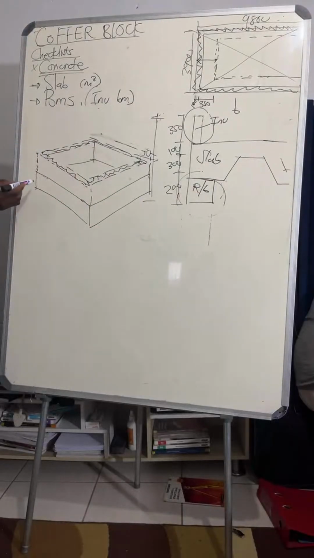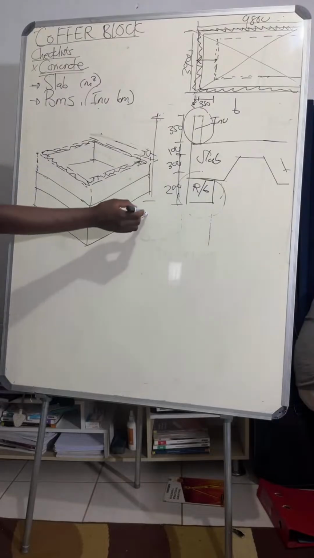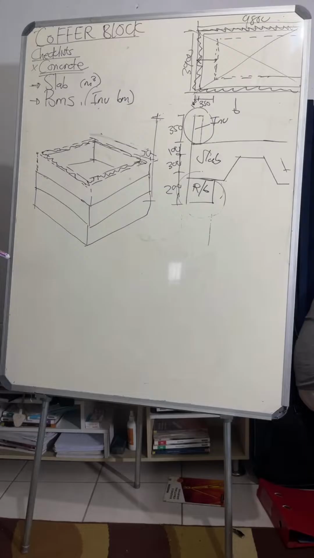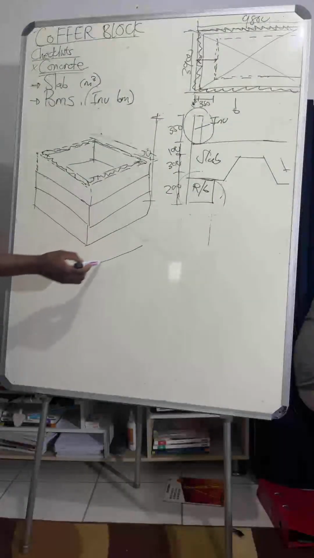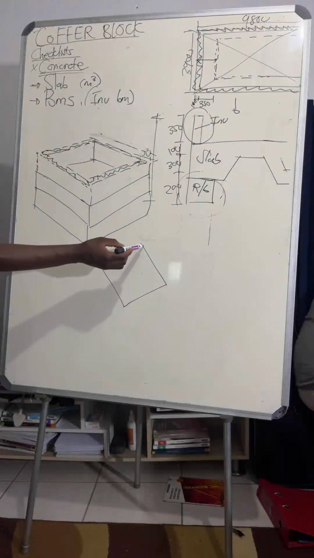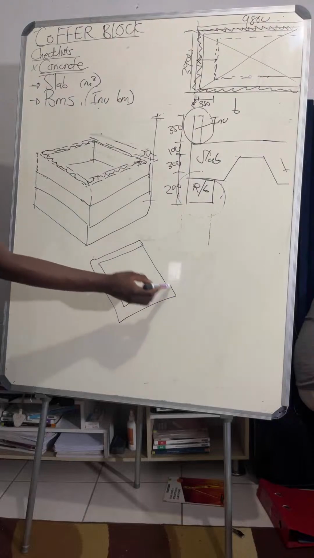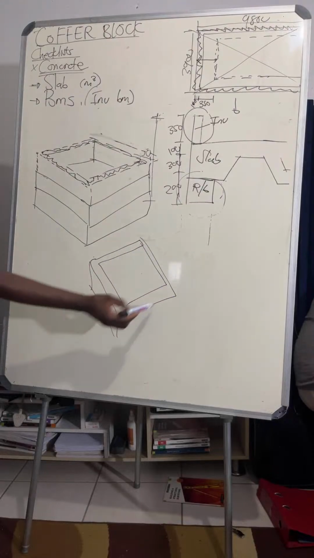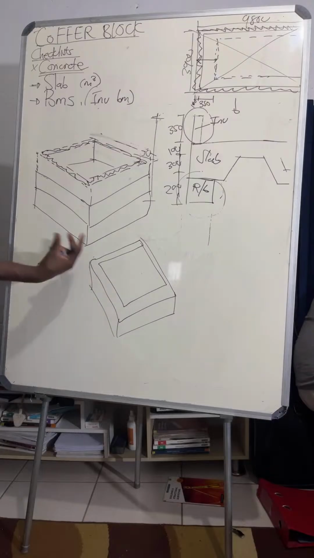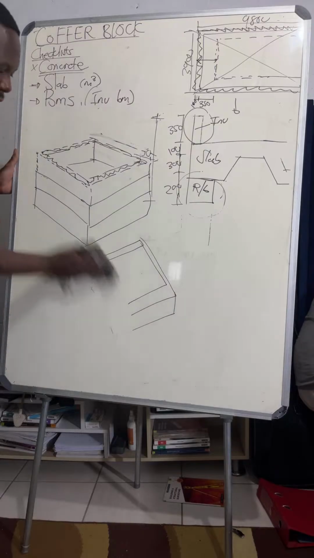The ring beam is the same as this, but it's at the bottom, going like that, with that thickness, but on the underside of the slab, you know. So we can continue.